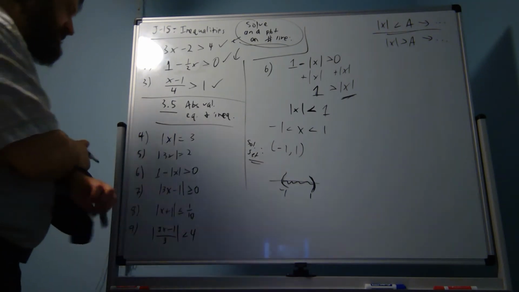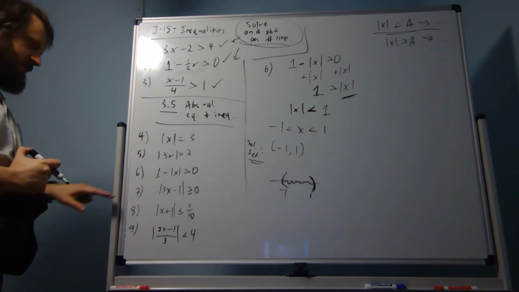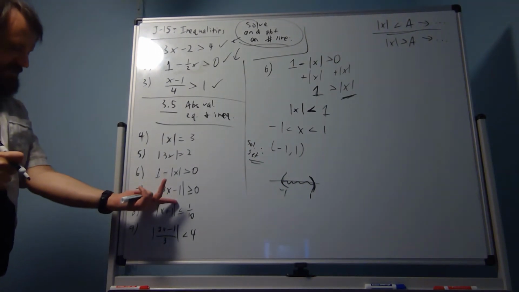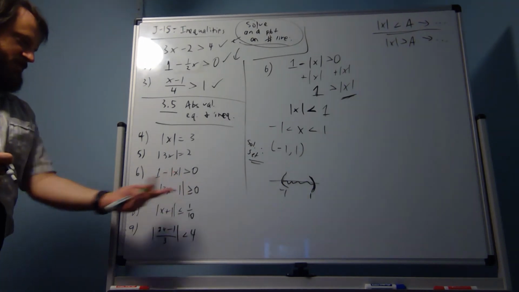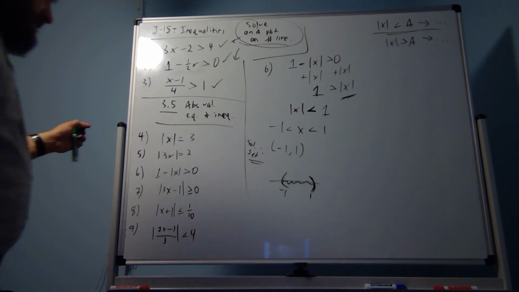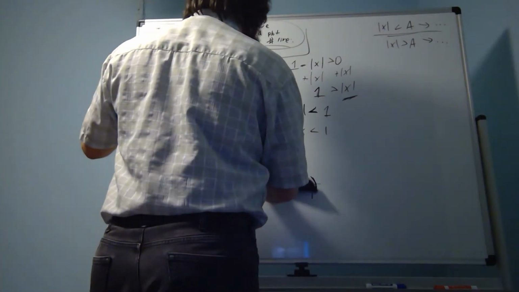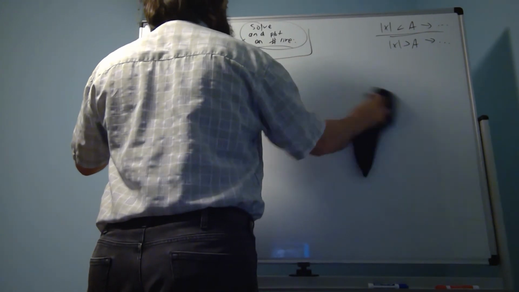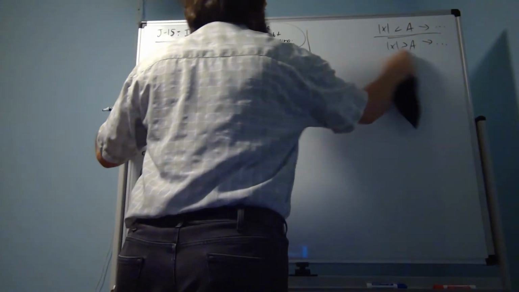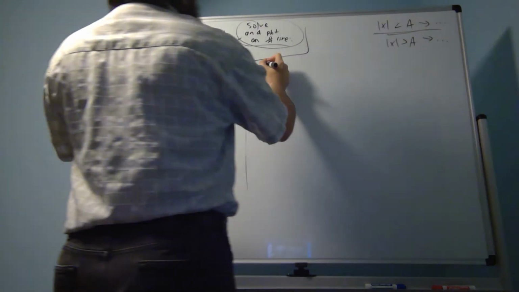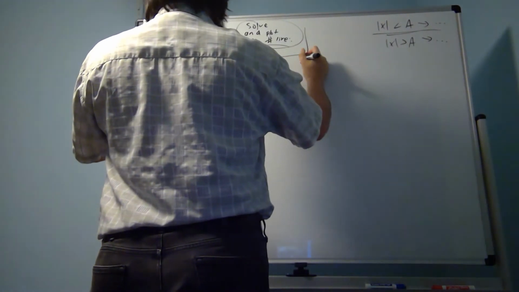All right, so number 7. We're going to need a little bit more space because the absolute value has already been isolated, but there's a greater than or equal to. So we have to be careful with that. These are a little bit annoying, a little bit weird, but we can do it.